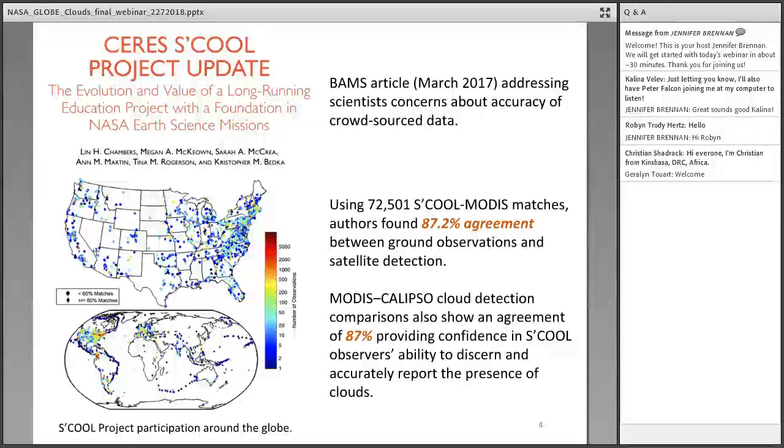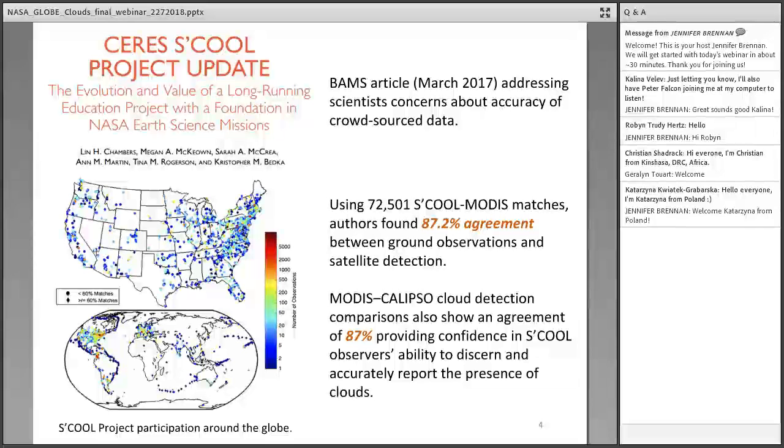And what they found is that 87% of the time the satellite and the ground observations from people agreed on the cloud detections. They also compared this MODIS with Calypso, and remember Calypso was near Aqua, and again 87% of the time there was agreement in the observations.